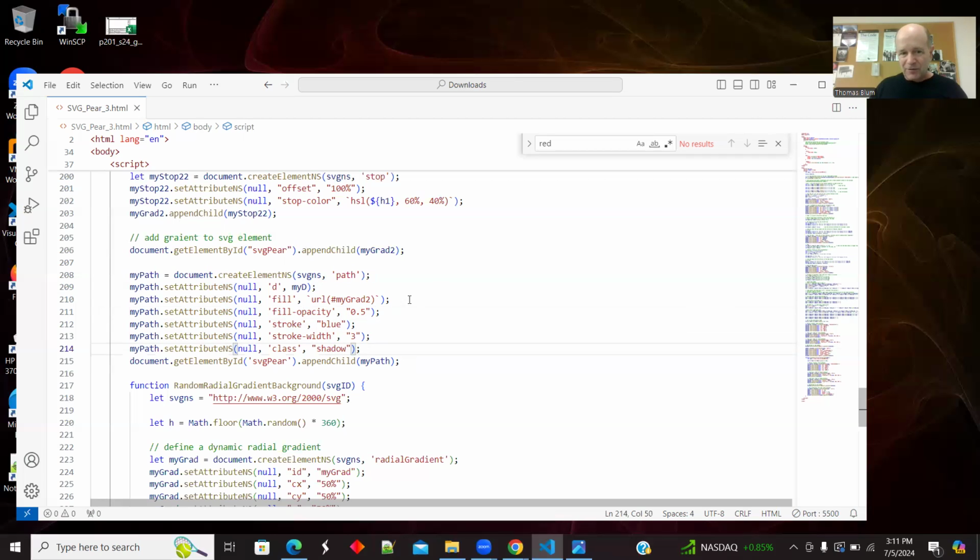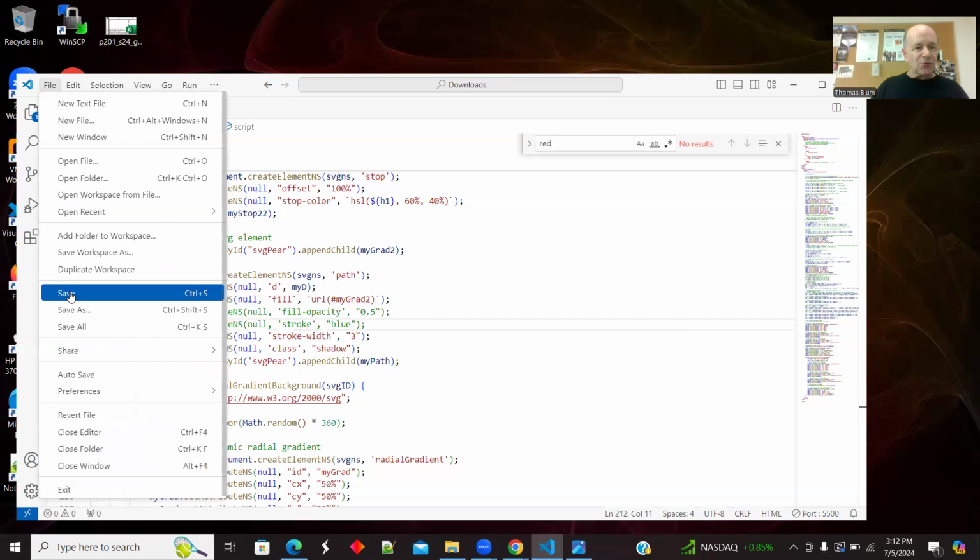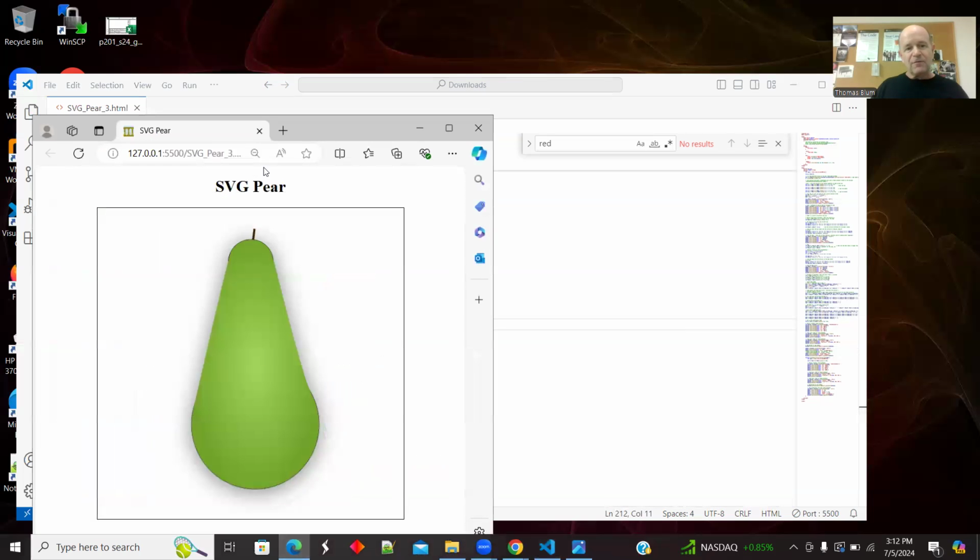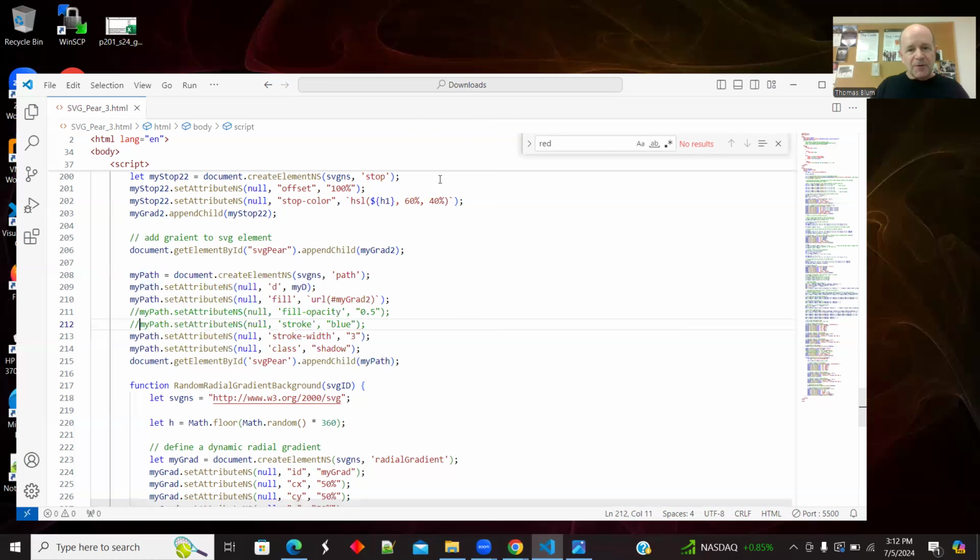If I take out the opacity and take out the stroke, I'll be closer to drawing a full-on pear. You can still see this black outline. That is my arc. So I would get rid of my arc or do something else with my arc.